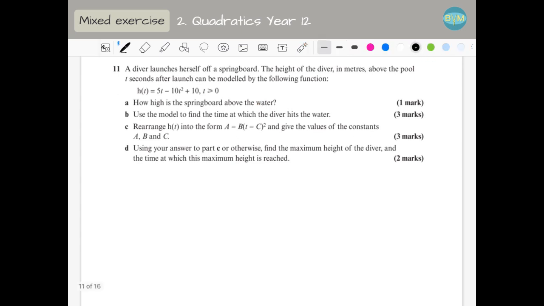So what we have is a swimming pool, a board here, and we know this person is jumping and doing this. And what we are doing is measuring the height, h, above the water in terms of the time.